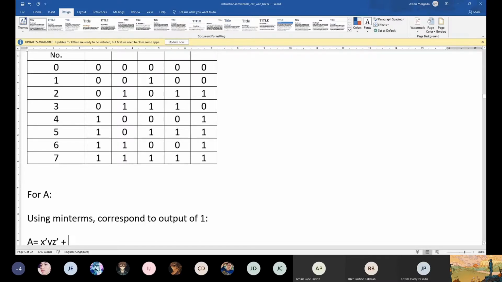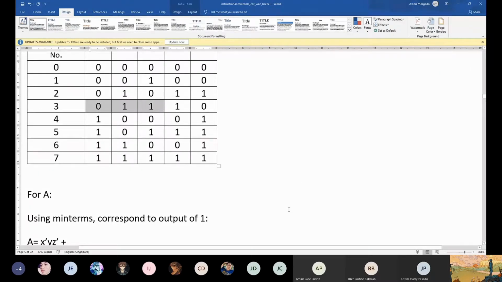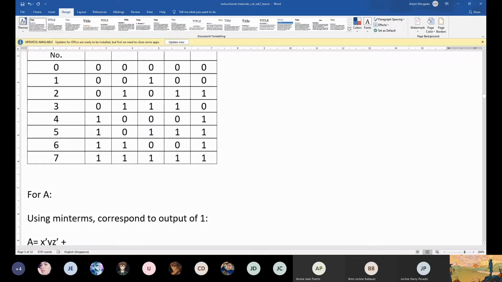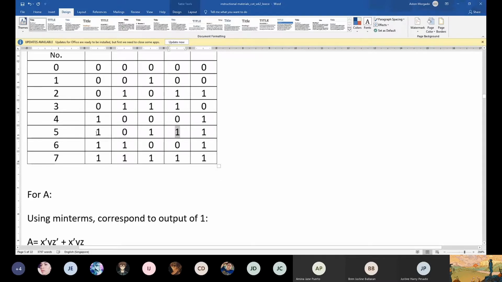plus, next, 0, 1, 1, we have the next output of 1. The inputs are x is 0, y is 1, z is 1. Therefore, we shall write x is 0 is x prime, y is 1 is y, z is 1 is z. Then next we have an output of 1 with inputs of 1, 0, 1.